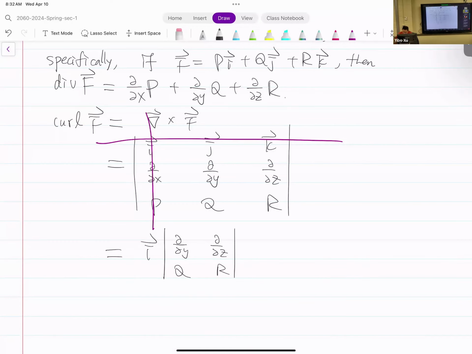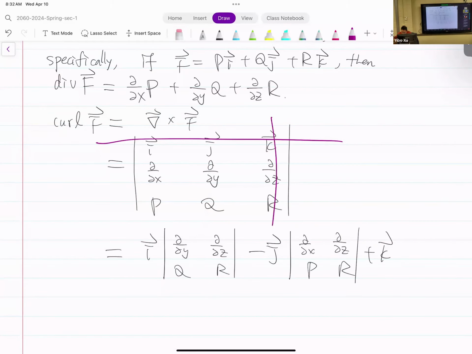Then it's minus j, and we eliminate the first row, second column, the row and column involving j, and we get del x, del z in the first row, P and R in the second row, plus k. For that, we eliminate the first row, third column. It's going to be del x, del y, P, Q.